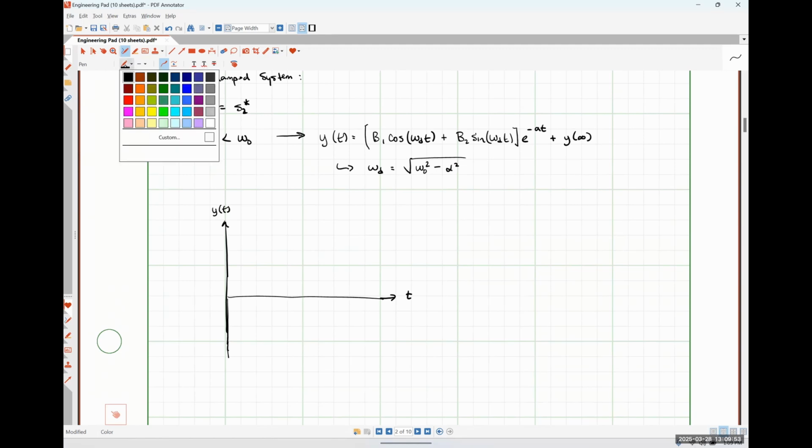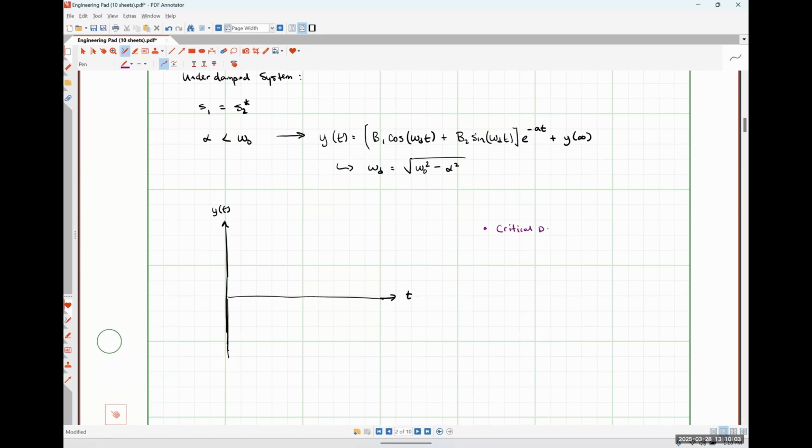And in purple, I'm going to do something characteristic of a critically damped system. So critical damping might look something like this.